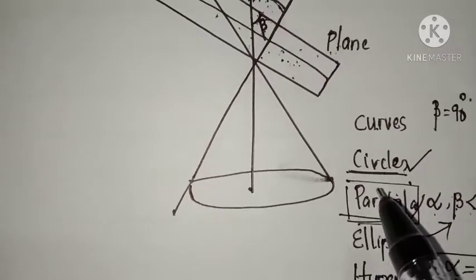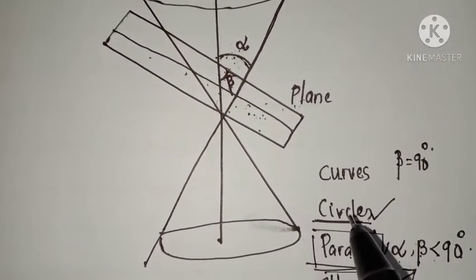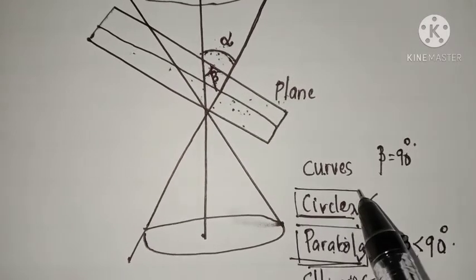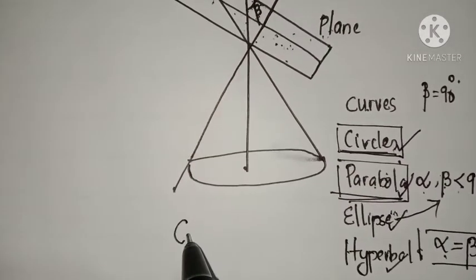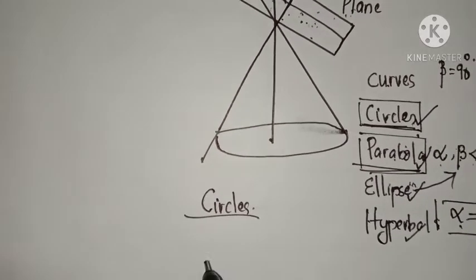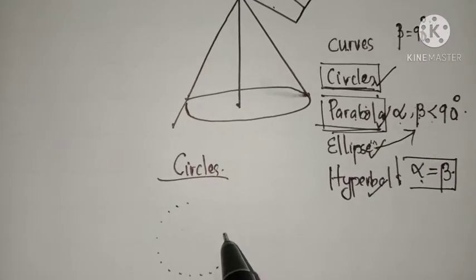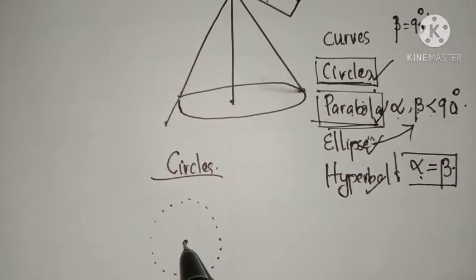In this conic section, we are going to discuss first the form of curves known as circles. We already know that a circle means the set of all points, or locus of points, at an equal distance from a fixed point.